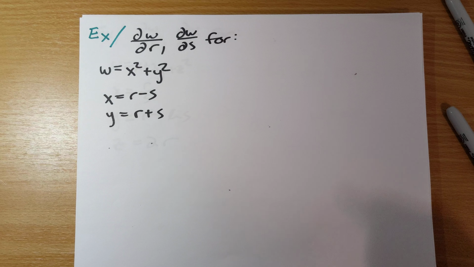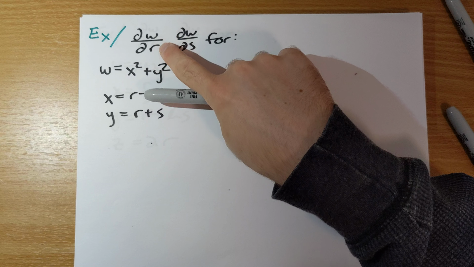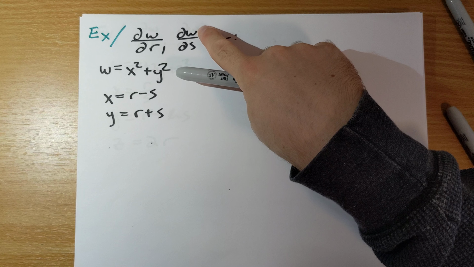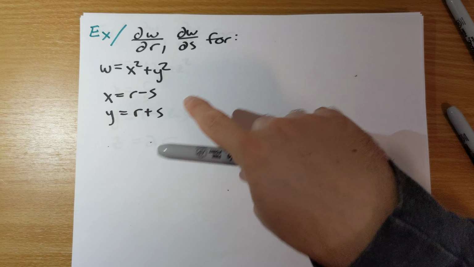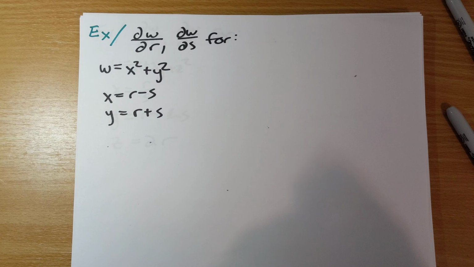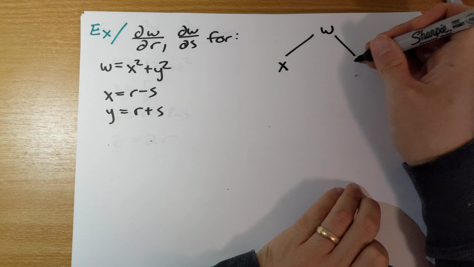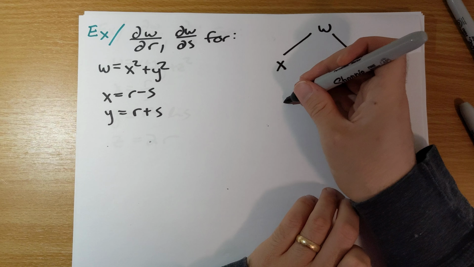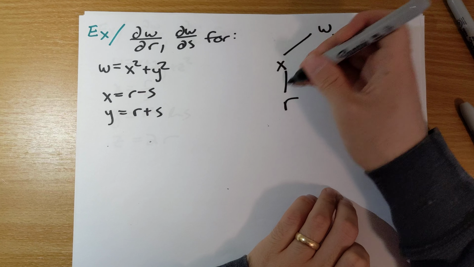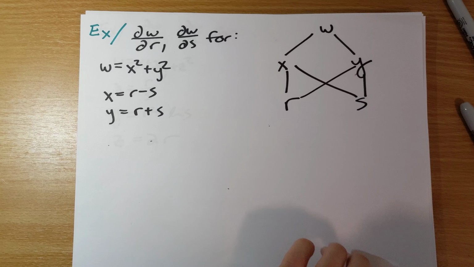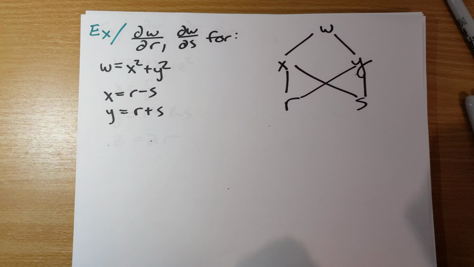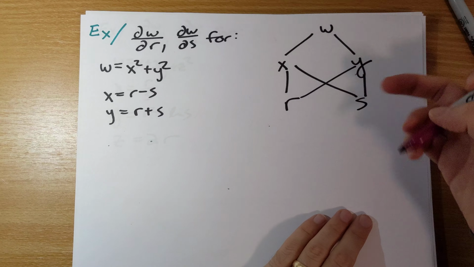Okay, so now we need to find the partial derivative of w with respect to r, and the partial derivative of w with respect to s, if w depends on x and y, which both depend on r and s. So for this one, here's the chart.